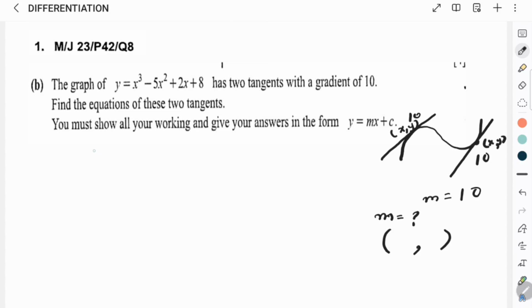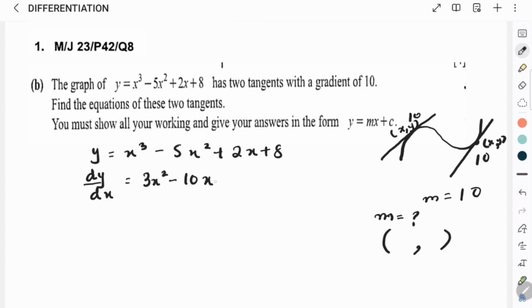Okay, so y equals x cubed minus 5x squared plus 2x plus 8 is the original equation. I'm finding the derivative, so dy/dx equals 3x squared minus 2 fives are 10x, reduce one from the power, plus 2, and the constant will become 0. And here the gradient equals 10.